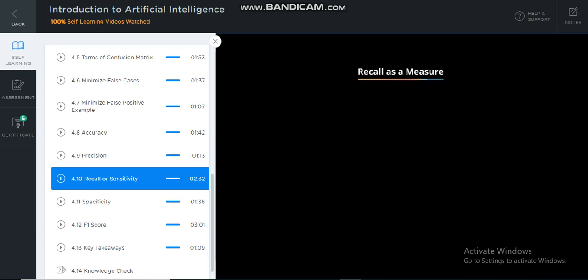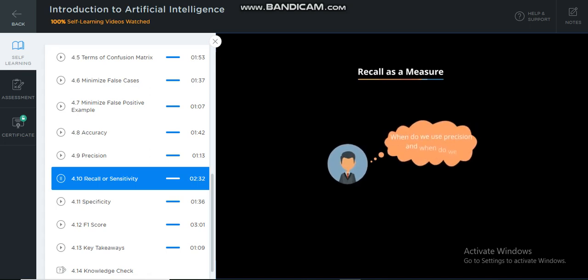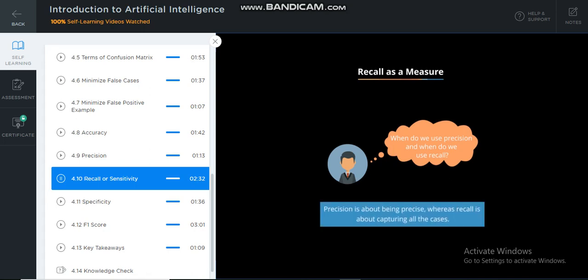Now that we understand how precision and recall work, how do we determine when to use precision and when to use recall? It is clear that recall gives us information about a classifier's performance with respect to false negatives, while precision gives us information about its performance with respect to false positives.